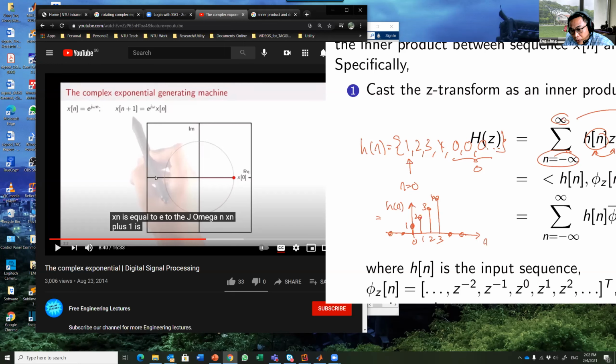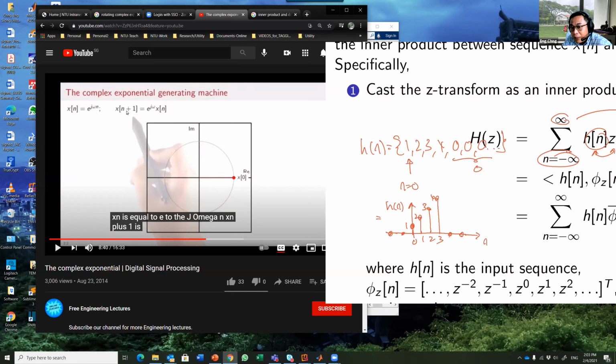That's why we draw the real line and the imaginary line, and we draw this circle of radius 1. Any of these points will fall on this circle. Okay, and this point along the real axis is 1 plus j0.